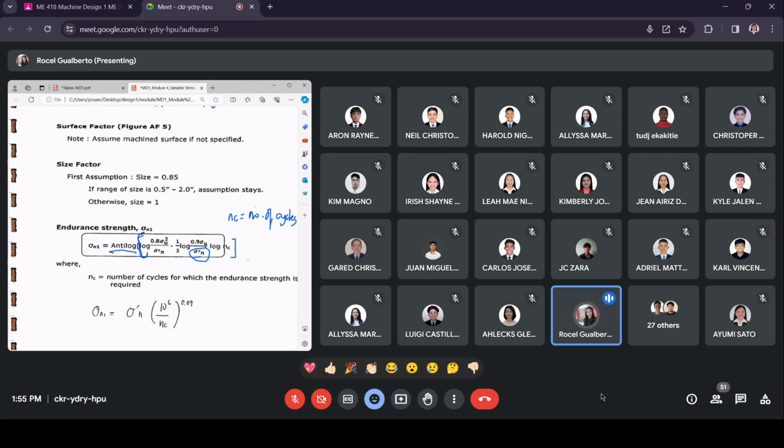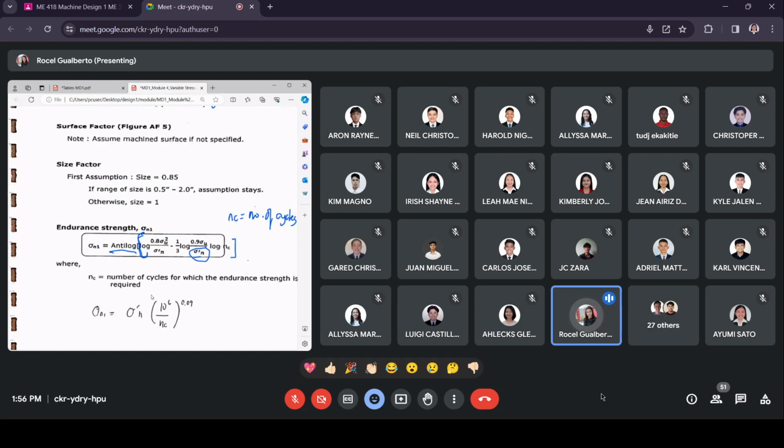Okay? So, you make sure you have your calculators with you. Make sure you have your calculators with you having these functions. Otherwise, you'll have a hard time computing for your sigma n1. Okay? So, hindi po pwede din yung mga pangbigasan na calculator.